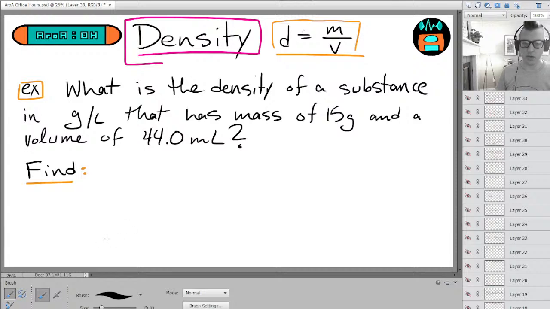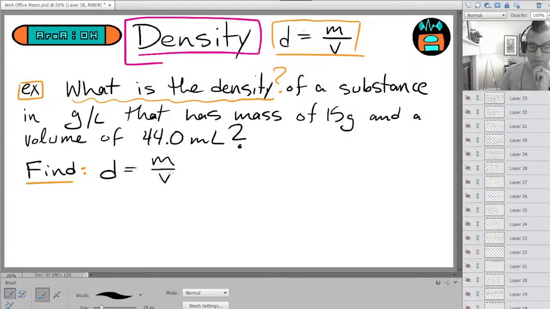In this problem, what are you trying to find? And you'll notice it's right here. What is the density? All right. So you are trying to find density. And density has an equation. Density is equal to mass over volume.